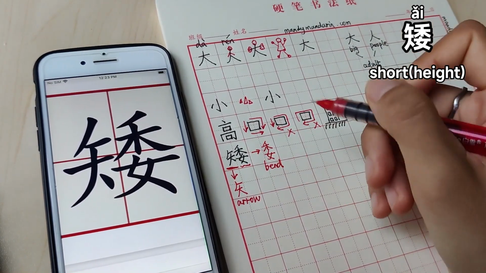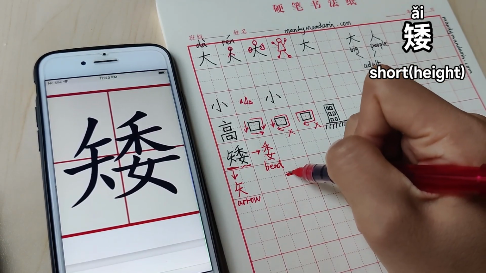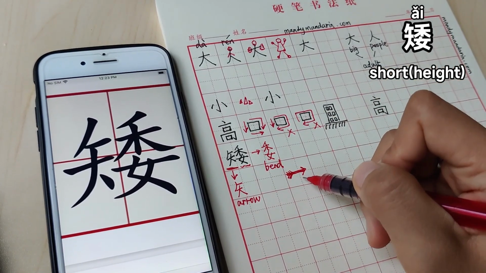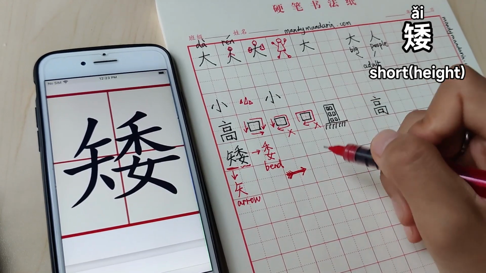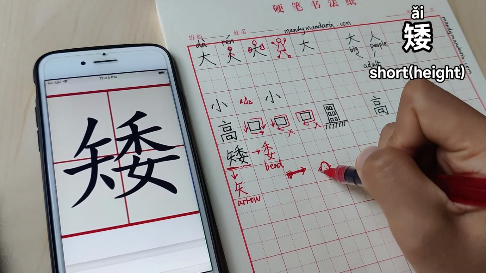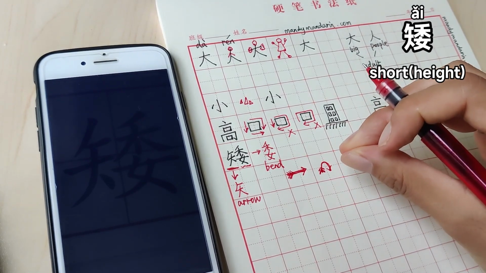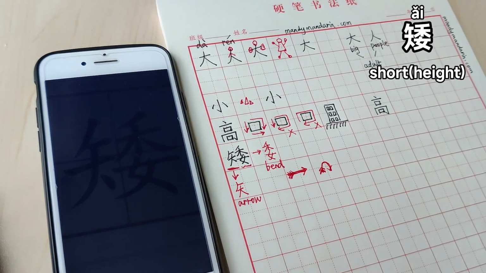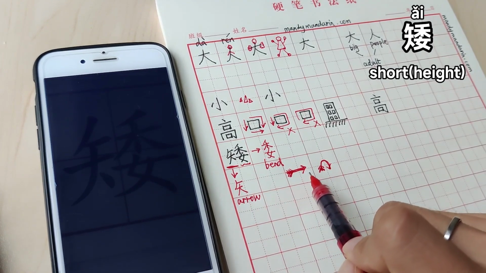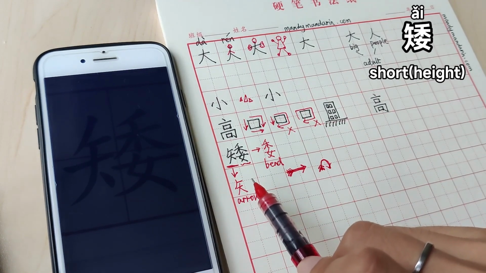So this is an arrow, okay, my drawing is not good, and now you bend it, and it makes it short. It's short and small. Now these words no longer have anything to do with the arrow or the bend, but this word 矮 means short.